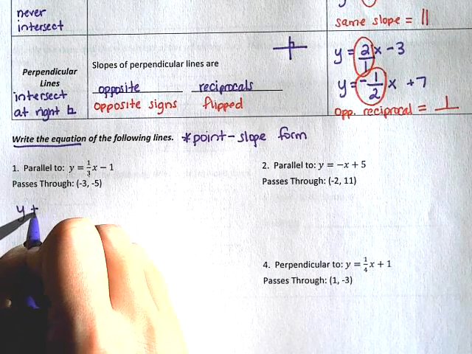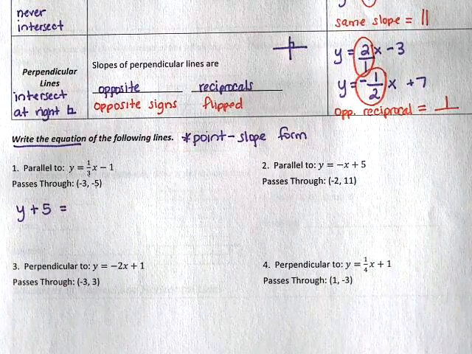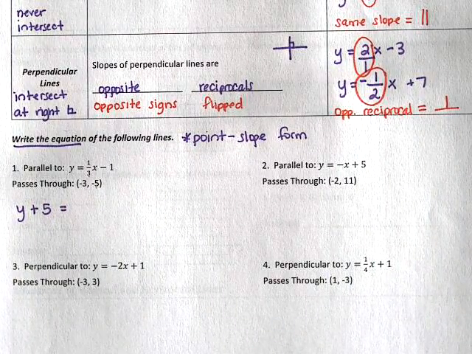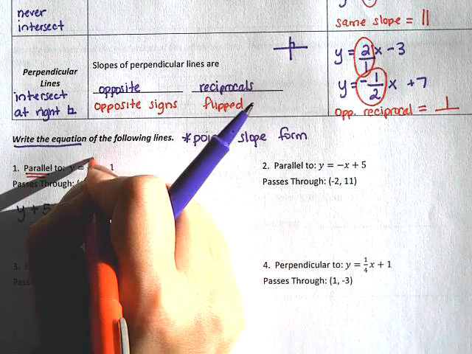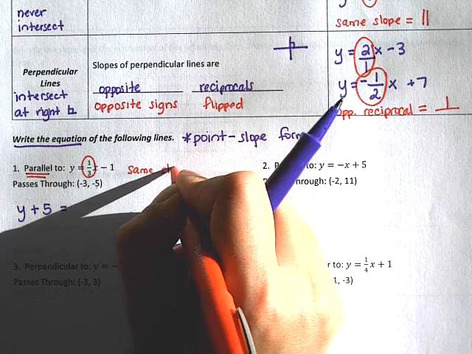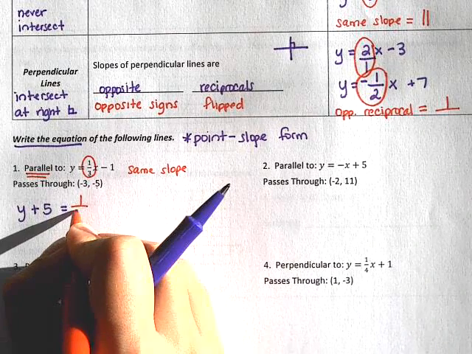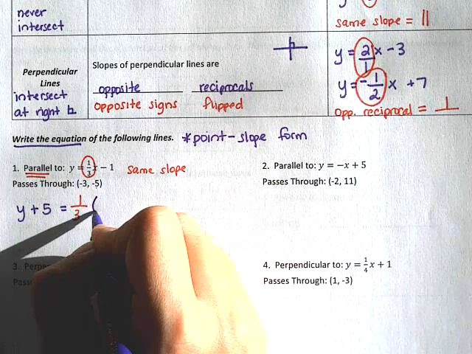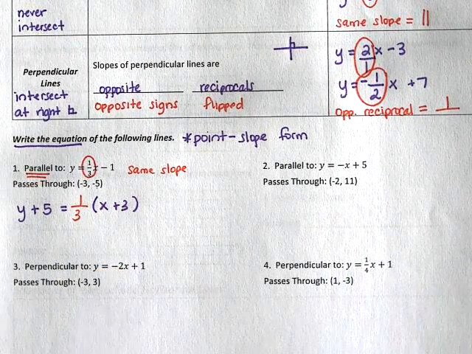We start with y plus 5 because there's a -5 here, and two negatives make a positive. Now the m that we're going to use, because we want to be parallel, is the same slope as we see here. The slope then would be 1/3, and then parentheses x plus 3 because two negatives make a positive, and you're done.